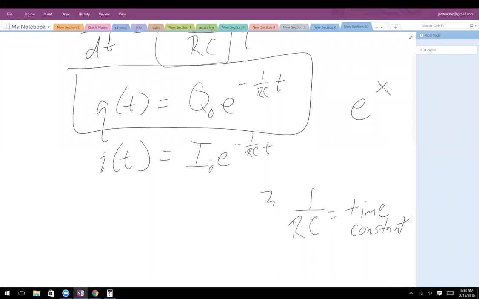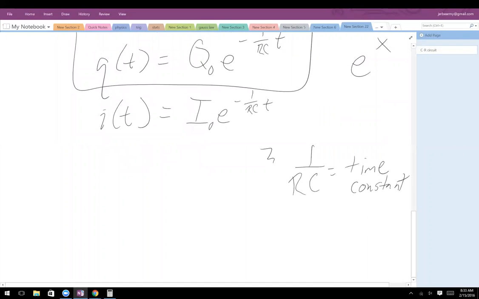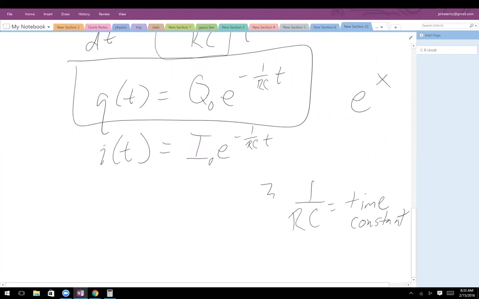So all they wanted to know was the E. Yeah, that's all we did for this one. They didn't give what the number was. As far as that goes, you can also get the relationship between the initial current and the initial charge just from the derivative. The initial current would just be Q naught over RC, because when you take the derivative, that thing pops out.